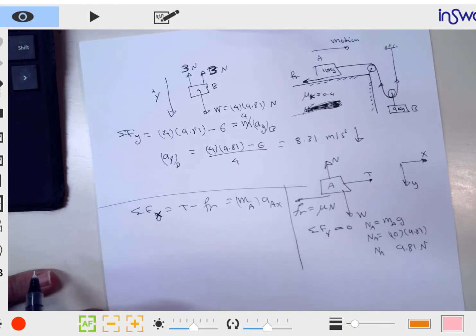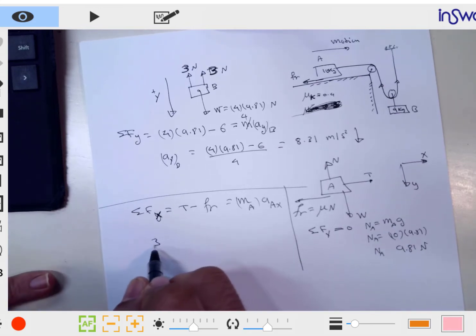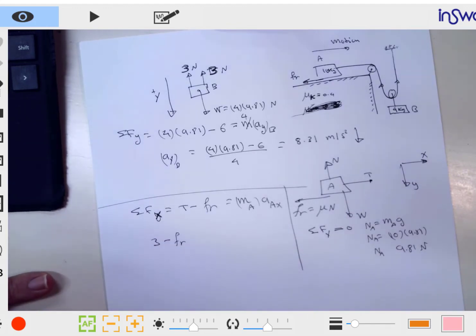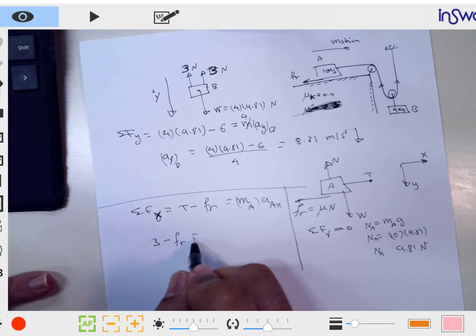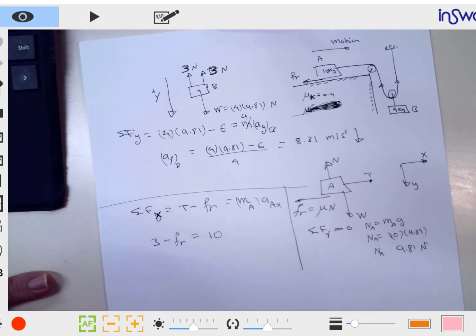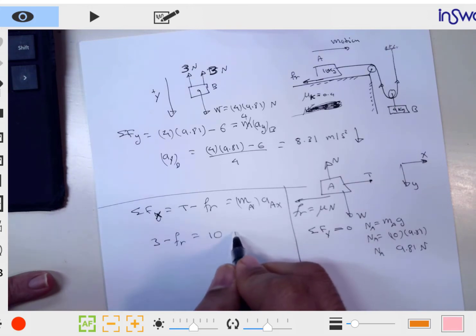The tension is already given to us. The friction, we're not really sure what it is, so I should calculate it. So this is 3 minus friction equal to 10 multiplied by A x.